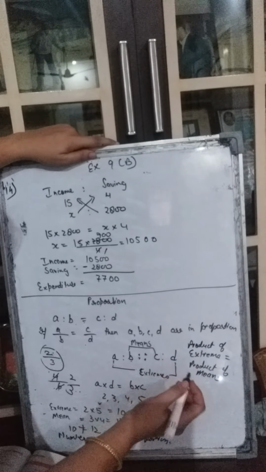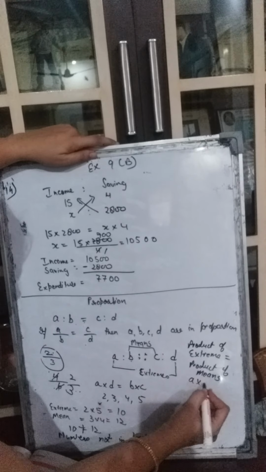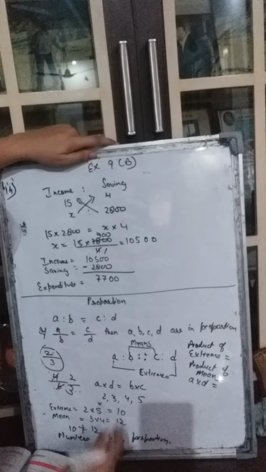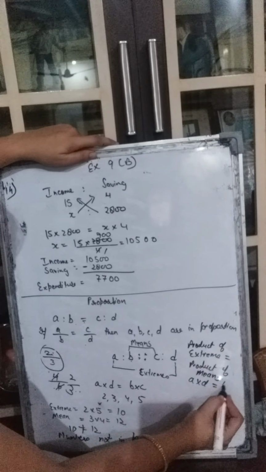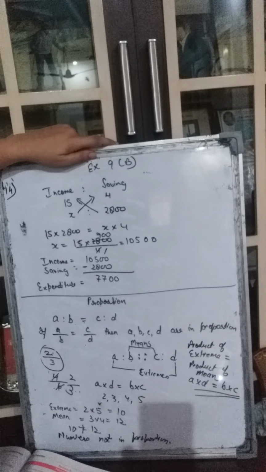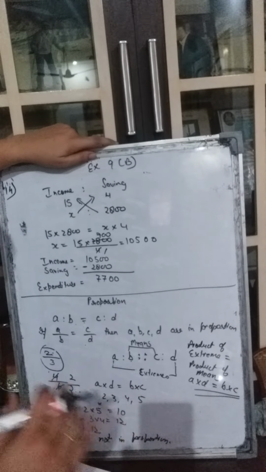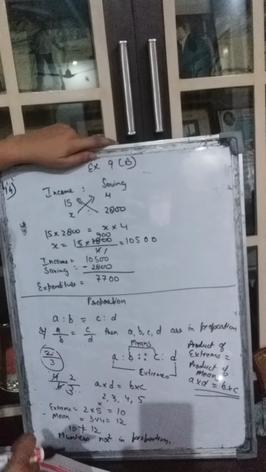For example, here A and D, that means here A into D will be equal to B into C. This will always happen. Now this property can be used to find out whether the numbers are in proportion or not. Let's do an example.